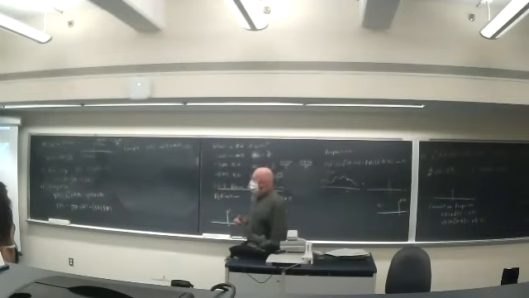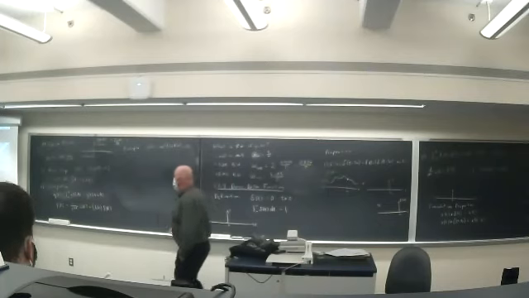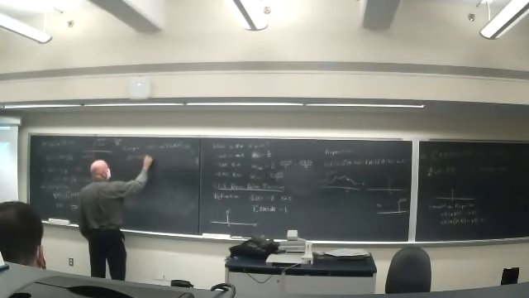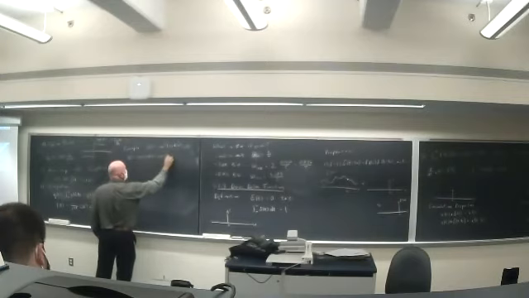I'm going to give you a few minutes. The first way we're going to tackle this is to think about this as cosine of pi f t times cosine of 2 pi f t.